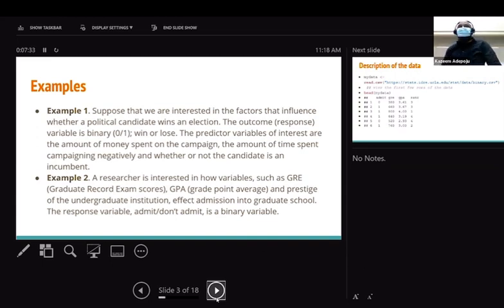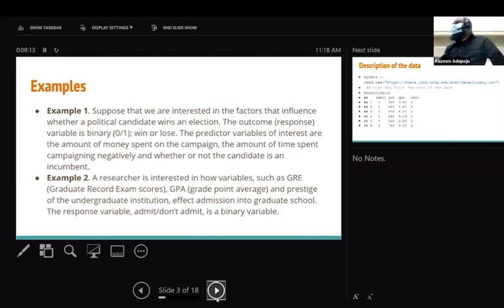Even before the election contest, we actually know the possibilities, right? It's either a candidate for election wins or loses. Now, if we want to study factors that influence a candidate winning an election, one of the predictor variables could be the amount of money spent on the campaign. What about the amount of time the candidate is campaigning negatively, and whether or not the candidate is an incumbent?